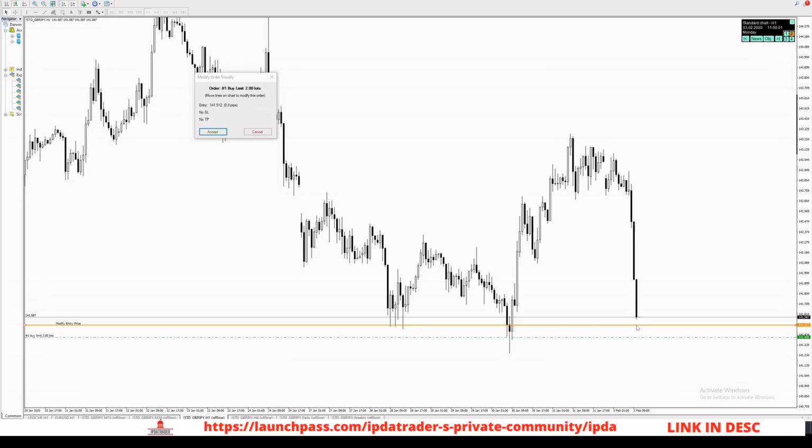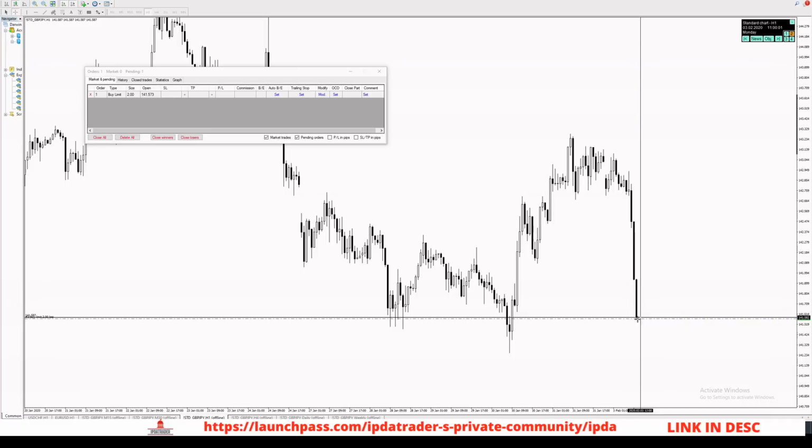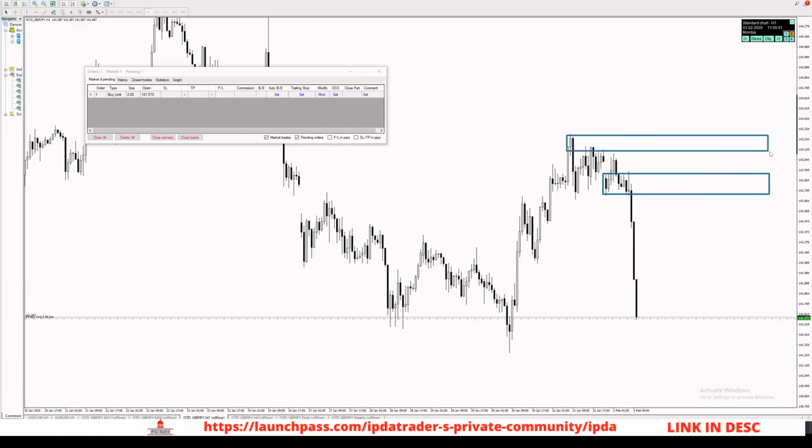Yes, now I can move this. So let's say we want to enter over here, whatever at market price, right? And obviously your stop loss would be below the swing low right over here, right? So this would be a potential trade idea. Once again, areas you may want to target could be areas of this sort, right over here, right over here.